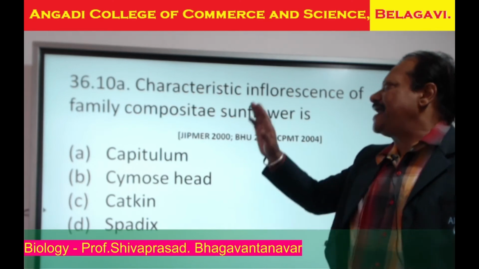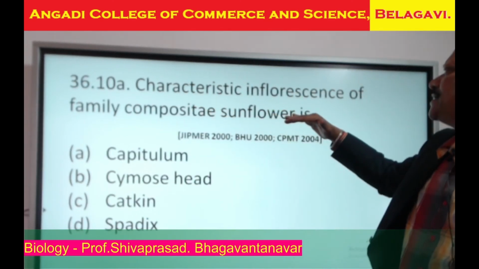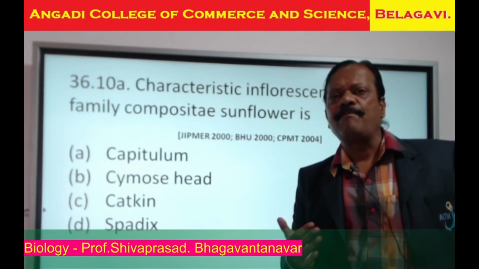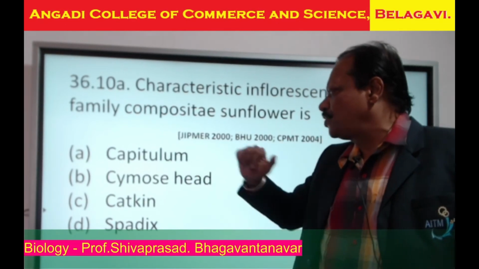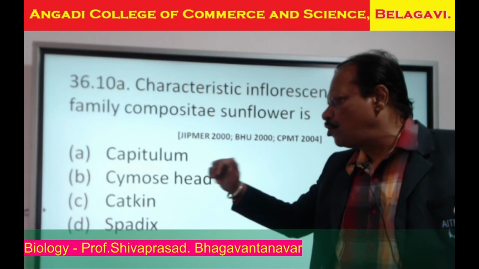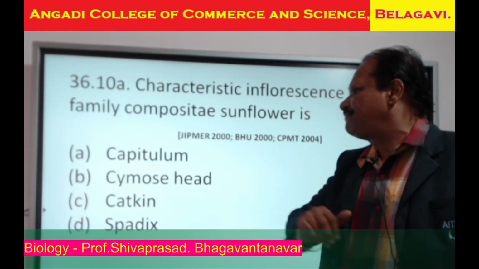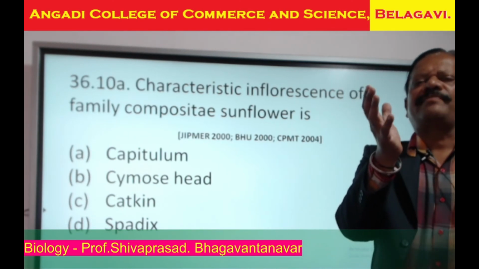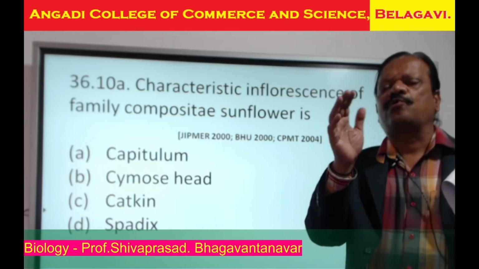Now, the characteristic inflorescence of family Compositae, sunflower, is. Now see the options: capitulum, cymose head, catkin, and spadix type of inflorescence. Here the head is formed at the top, and it appears capitula-like.